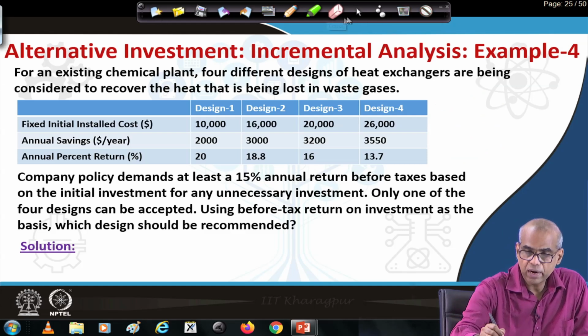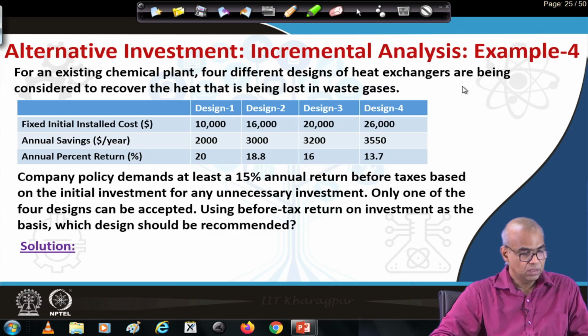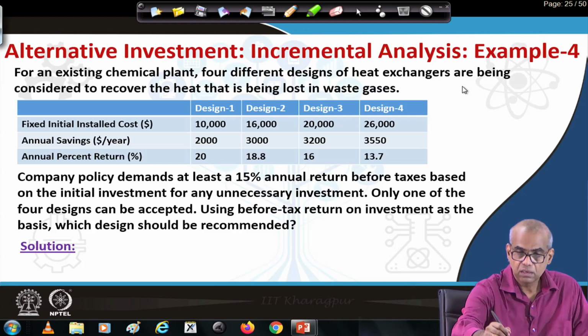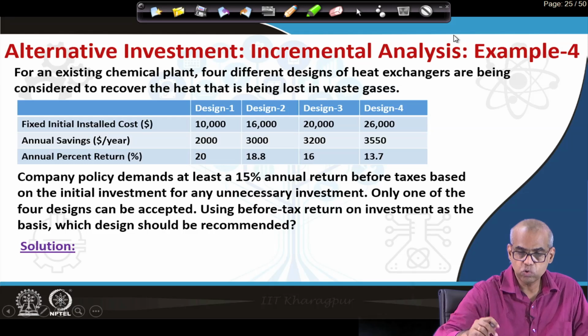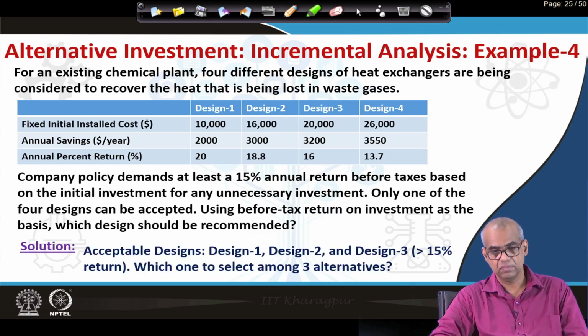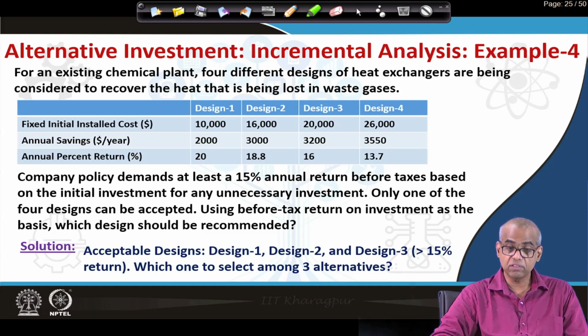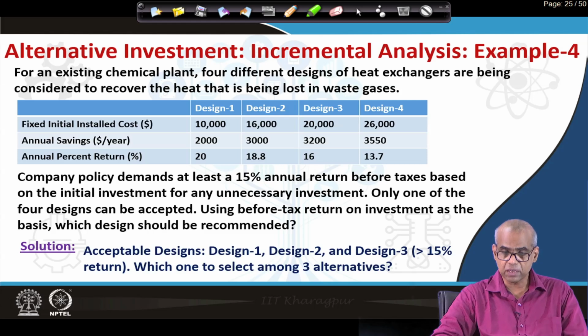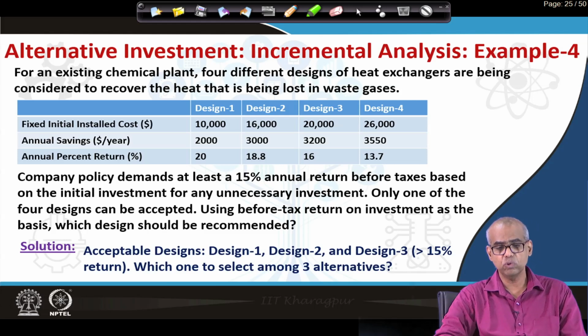Now, if you look at the table, you see that design 1, design 2 and design 3 all give annual return which is higher than the desirable 15%. So, design 1, design 2 and design 3 are acceptable, but design 4 is not acceptable because it gives 13.7% return which is less than the desired return of 15%.